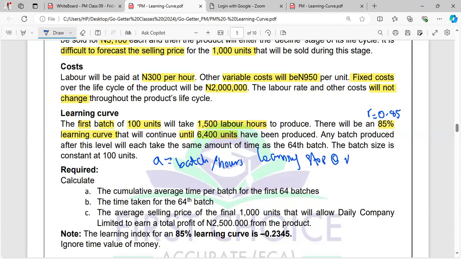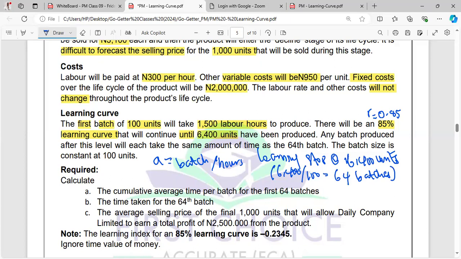But wait a minute, A is given to us in batches. So we need to convert this to batch. All we simply do is divide 6,400 units by 100 units, it gives us 64 batches. 64th batch.